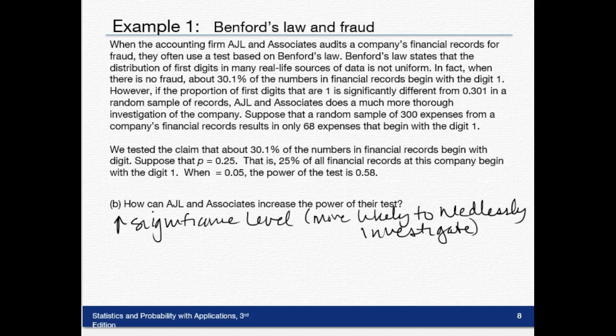Another way they could increase their power is to increase their sample size. The downside to that is more time and money, right? A third way they could do that is effect size, but really they don't have a lot of control over that. But they could make sure they used a stratified sample.